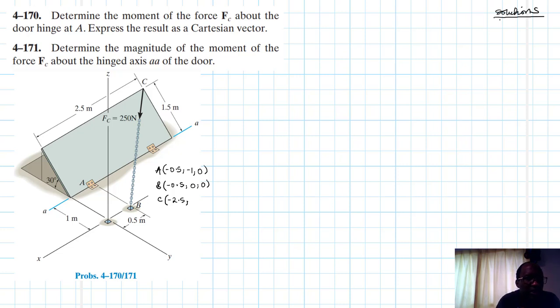In the y-axis, I'll need to find this length here, so let me find these properties. We have this one here that I'll need to find, this one here, and then we have this one here.